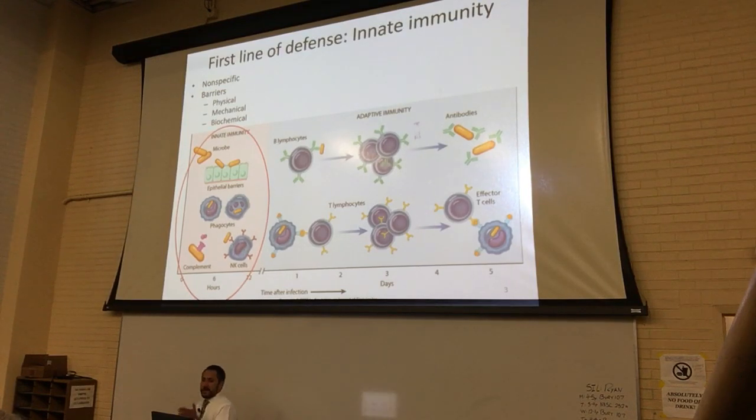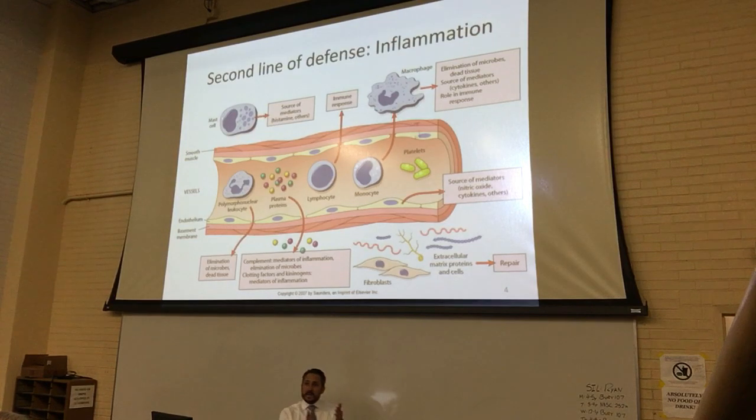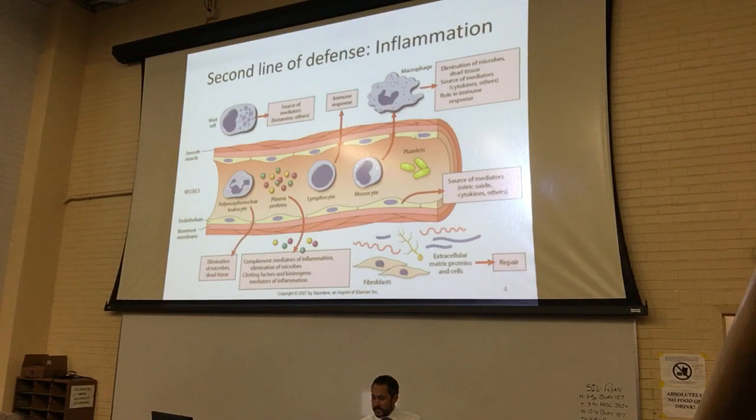Now, once we get past that first line of defense, we have to get a little bit more detailed. As part of the innate immune system, the first line of defense is those barriers, mechanical and biochemical, like saliva and mucous membranes. And then inflammation is more detailed, and that's where we're going to spend most of our time today. We're going to look at this slide in great detail today in a number of different ways.